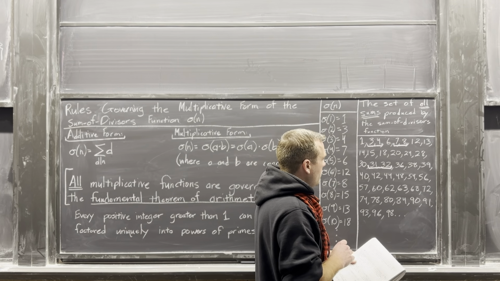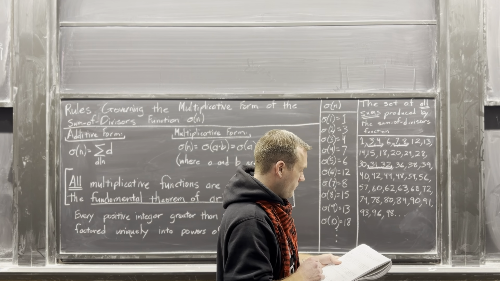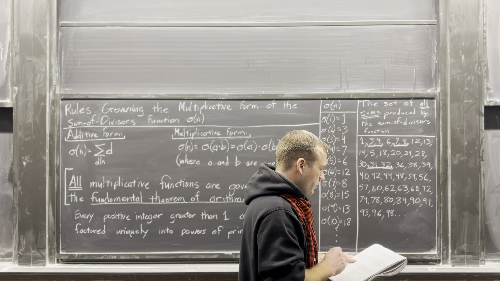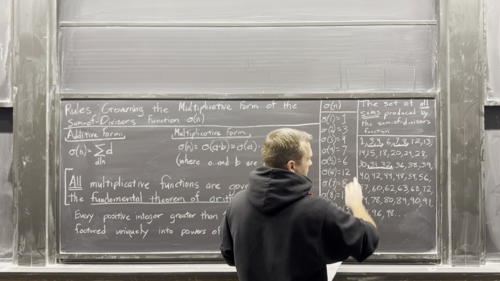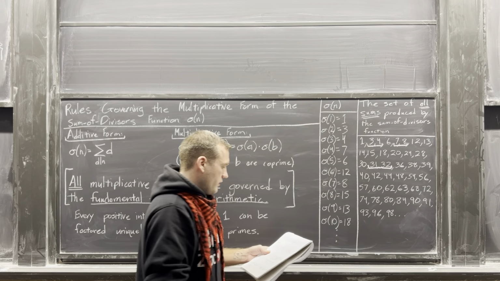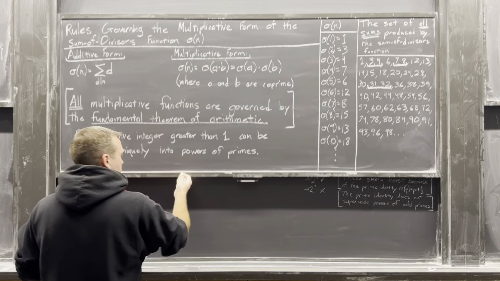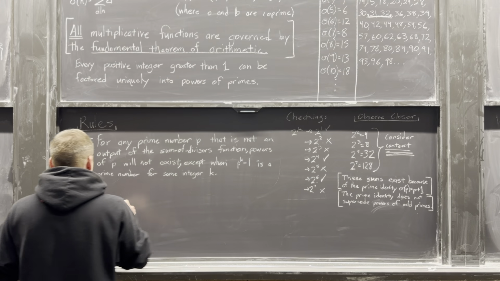Okay, so then the next thing I want you to notice is that for any pairs of primes that are not, so we're focusing still on missing positive integers here. We have another rule. I'm just going to write it out.